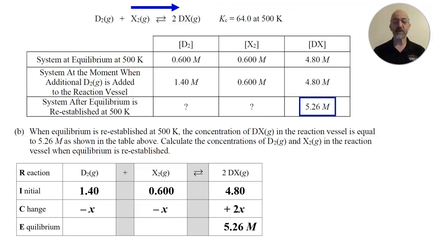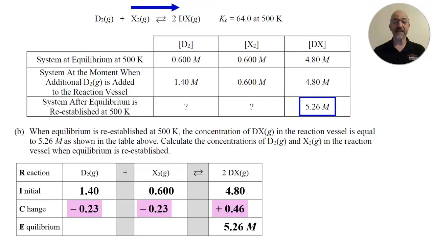So what's the difference between 5.26 and 4.80? Well, that's a difference of 0.46. And if 0.46 is equal to 2x, then x would be half of that value. So what number is half of 0.46? Well, that would be 0.23. So in the change row of my RICE table, I have minus 0.23, minus 0.23, and plus 0.46.